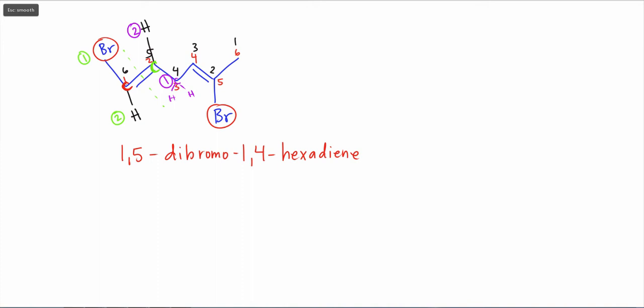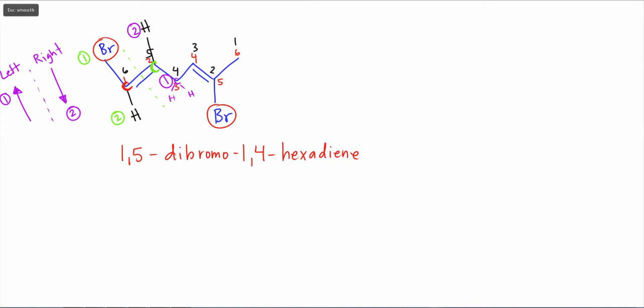So on the left, I have 1 going in that position. On the right, I have 1 going in that position.